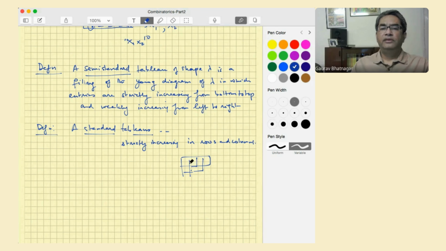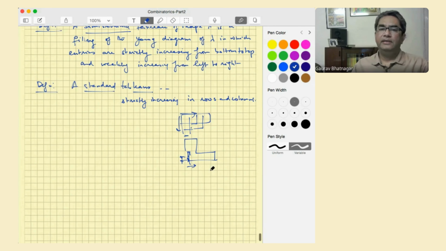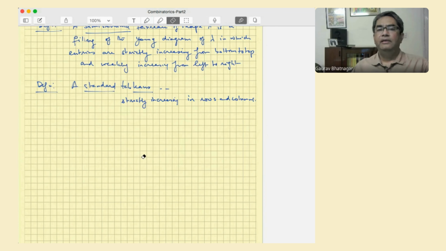So if you're top to bottom, then you increase like this, right? And if you're bottom to top, you increase like this. So it's the same thing. Whichever way you keep the tableau, the math remains the same.